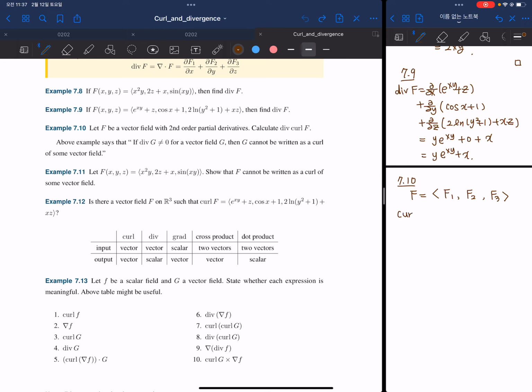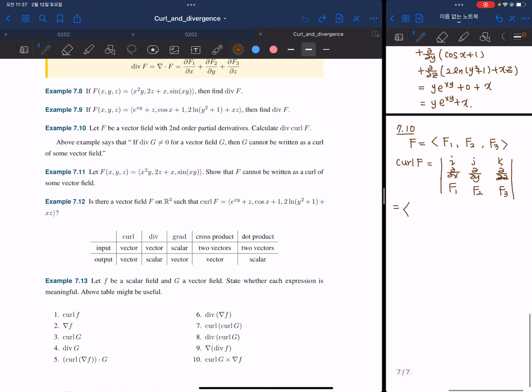Let's take the curl here: the determinant with i, j, k, ∂/∂x, ∂/∂y, ∂/∂z, f1, f2, f3. So you have a vector. The first coordinate is ∂f3/∂y minus ∂f2/∂z, the second coordinate is ∂f1/∂z minus ∂f3/∂x, and the last coordinate is ∂f2/∂x minus ∂f1/∂y.